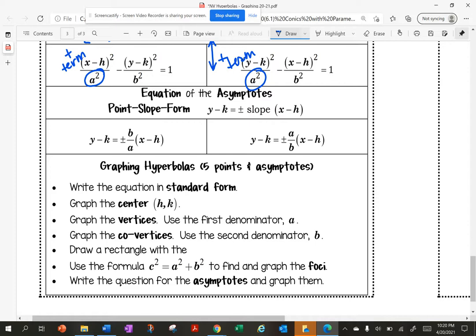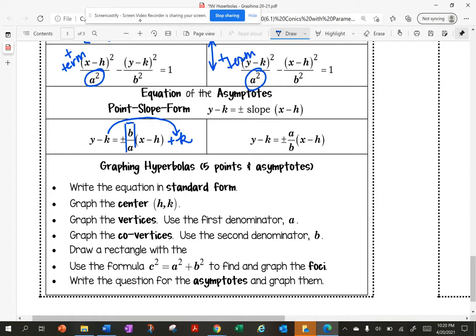So to find my equation of my line, I am going to add k to both sides to bring that over here. So the equation of my line is going to be y equals plus or minus b divided by a times x minus h, plus k.